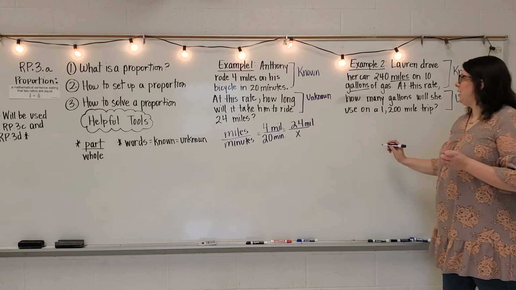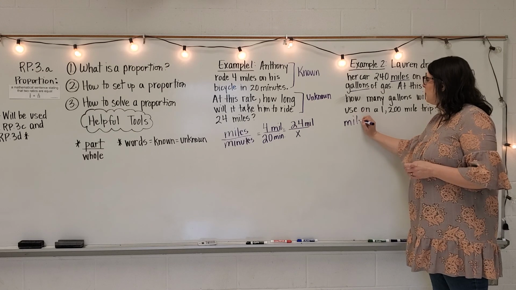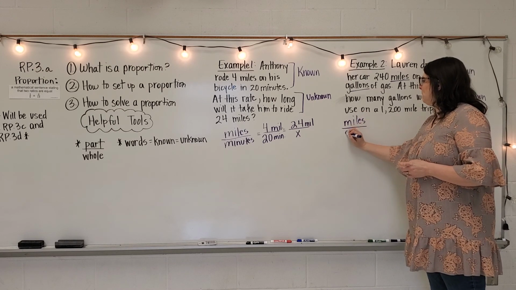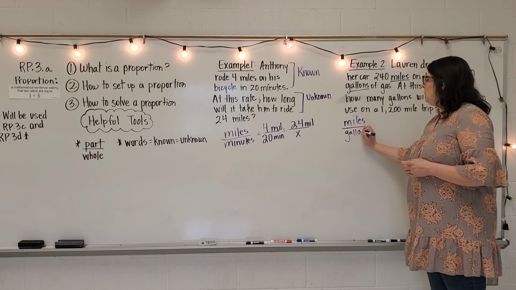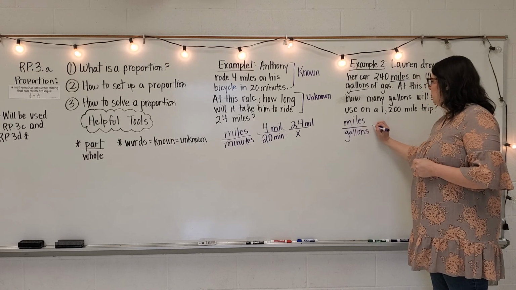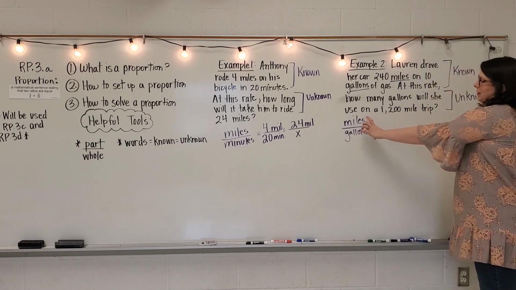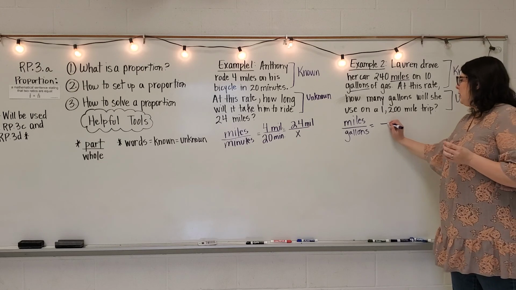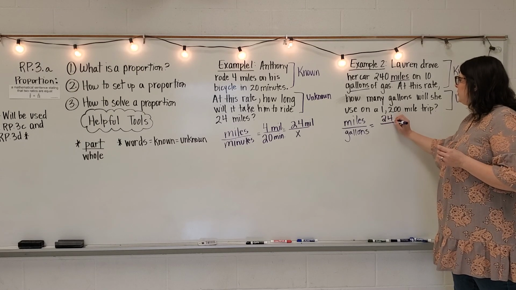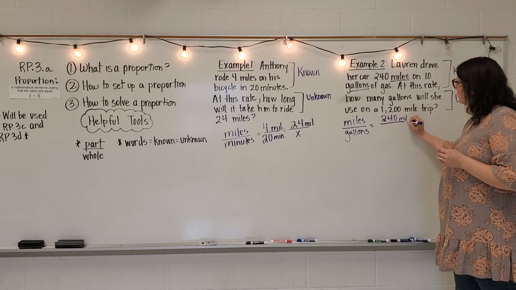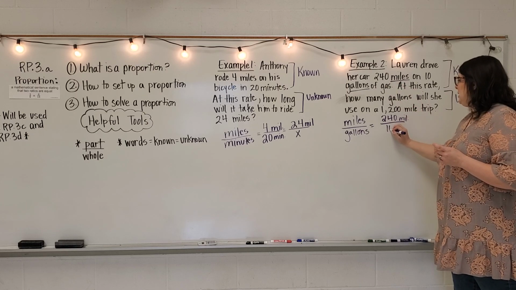So we're going to set it up. Miles per gallon, okay? This is our rate. What we know is that she was able to drive 240 miles for every 10 gallons.